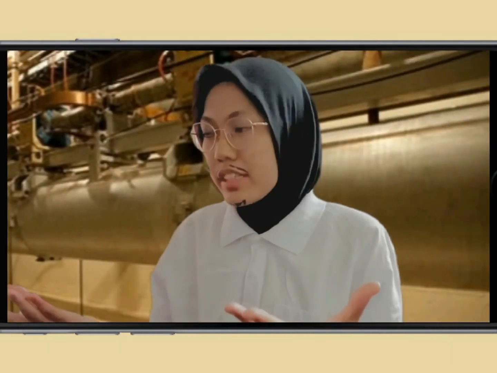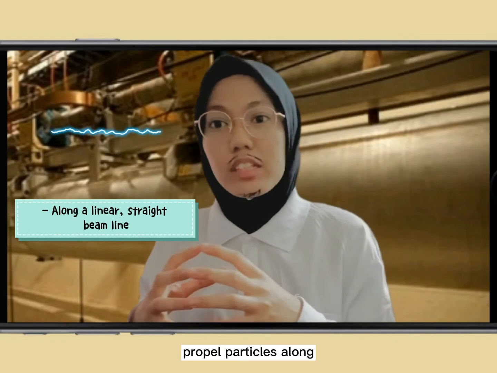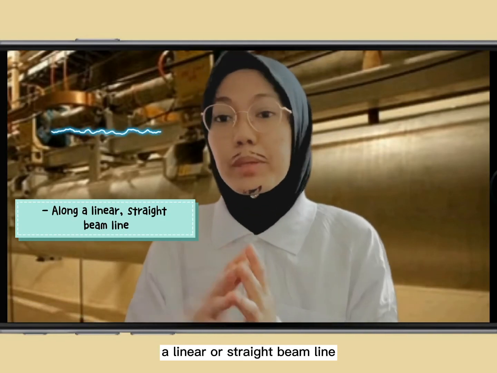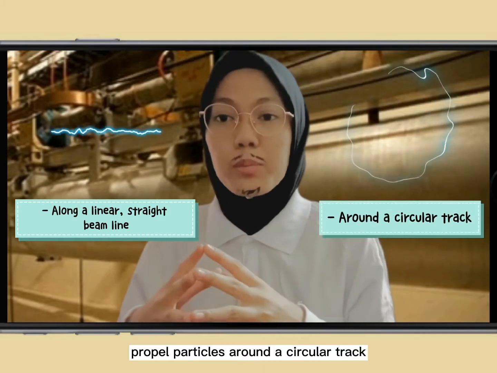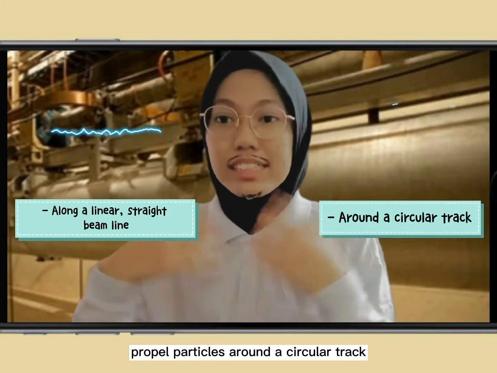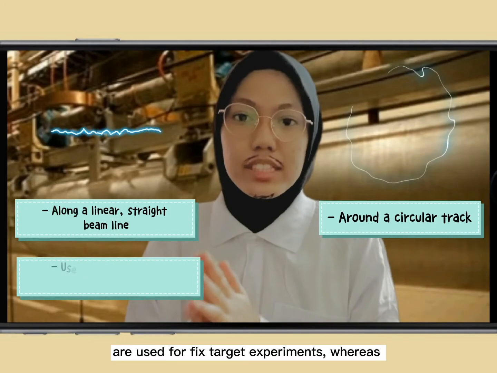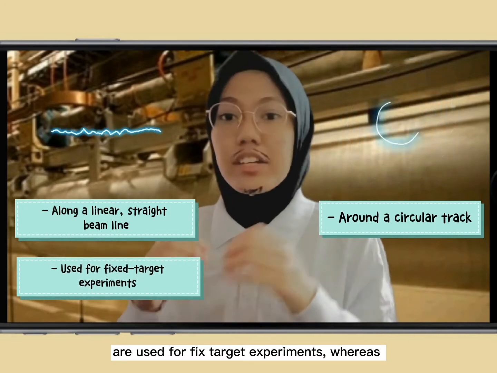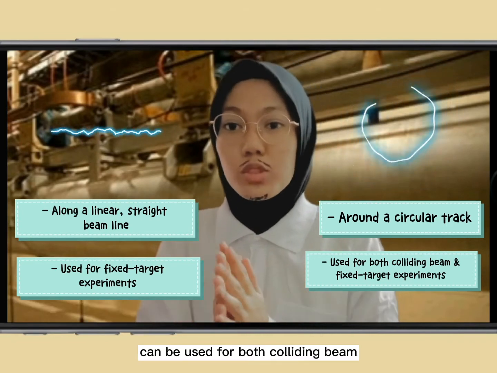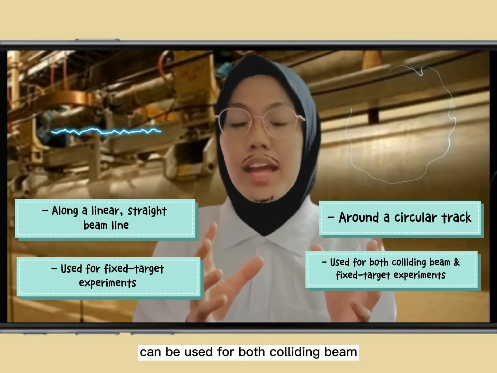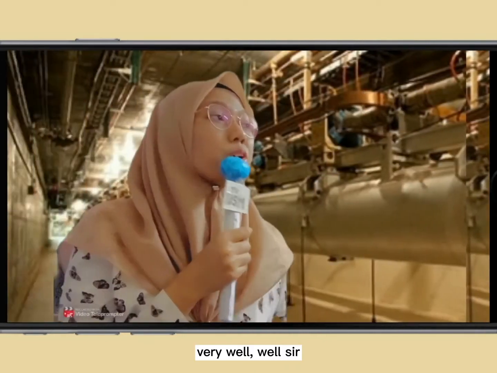Linear accelerators propel particles along a linear or straight beam line. Circular accelerators, on the other hand, propel particles around a circular track. Linear accelerators are used for fixed target experiments, whereas a circular accelerator can be used for both colliding beam and fixed target experiments. Very well.